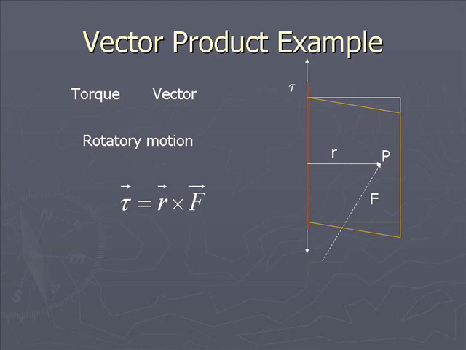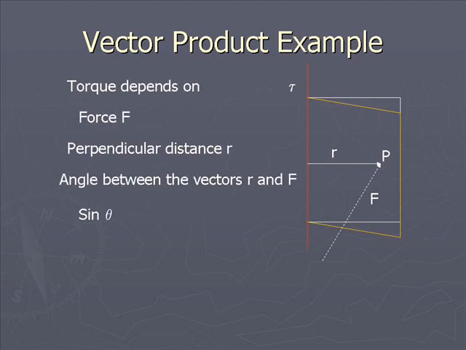The rotatory motion of bodies is studied with the physical quantity torque, and it is given by the relation tau bar is equal to r bar cross F bar, because the torque depends on the magnitude of r, the magnitude of F, and the sine of the angle between r and F. It depends on r, F, and sin theta. Hence, it is expressed as the cross product.